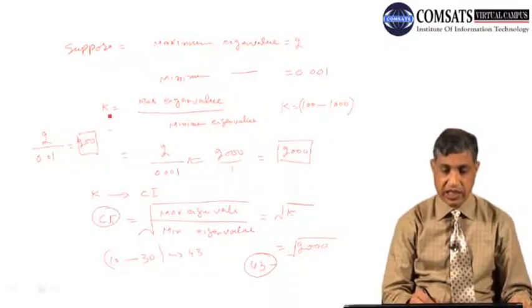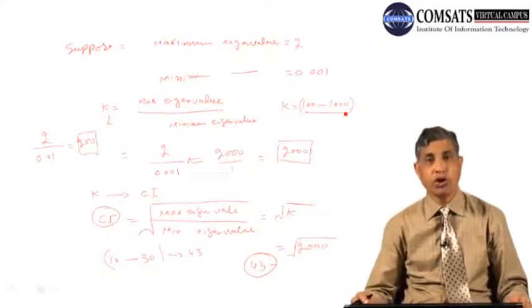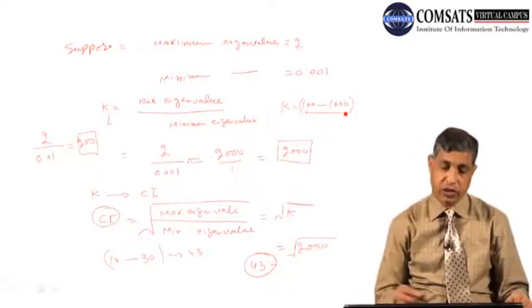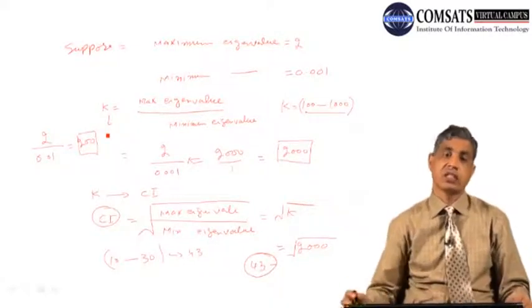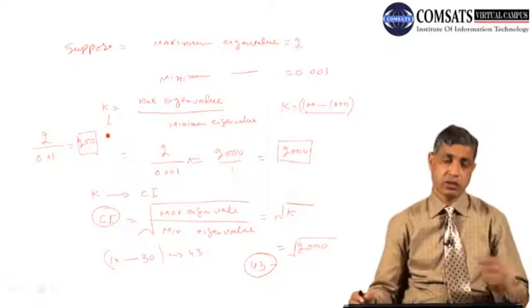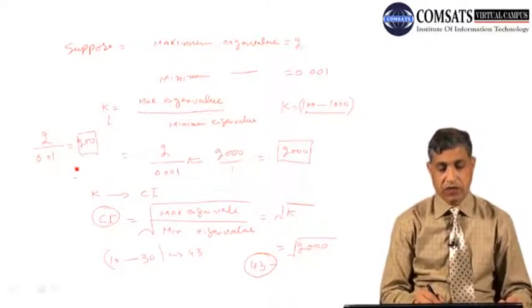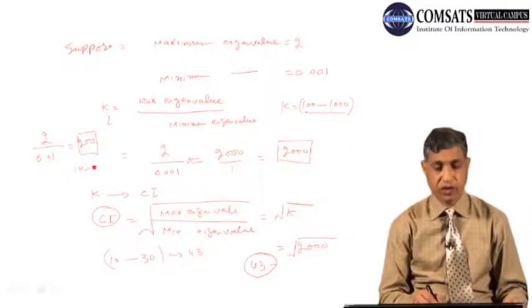If I take this K, it is within this limit, so I will say that there is moderate multicollinearity. On the other hand, if I take the square root of this, it is almost 14, almost 14 to 15 or so.